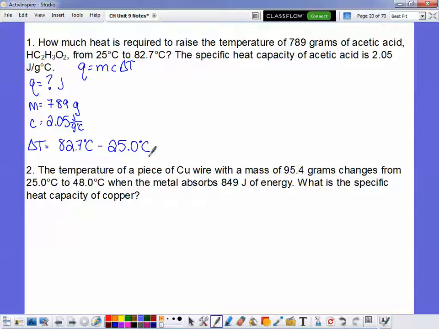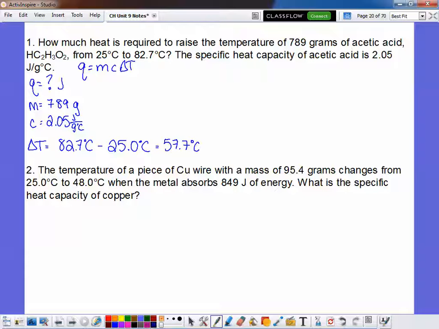Okay? So what is that change in temperature? 57.7 degrees Celsius. Exactly.